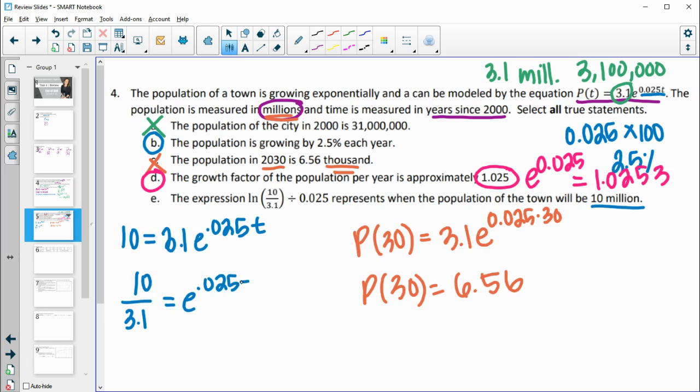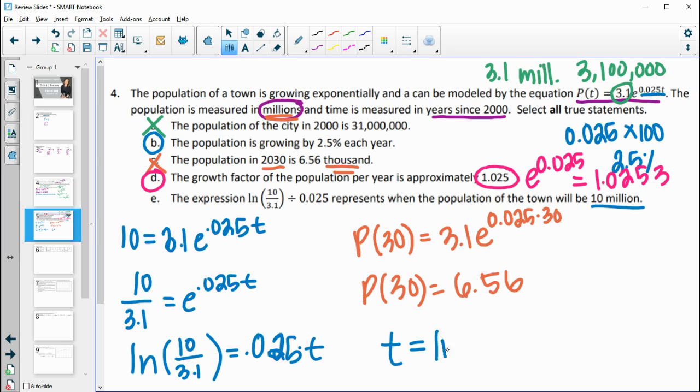And then to get this exponent back, we would do the natural log of that 10 divided by 3.1 would equal this exponent. And then we would divide by that 0.025 to get our t by itself. So then t would equal the natural log of 10 divided by 3.1 and then divided by 0.025. So this would be true.